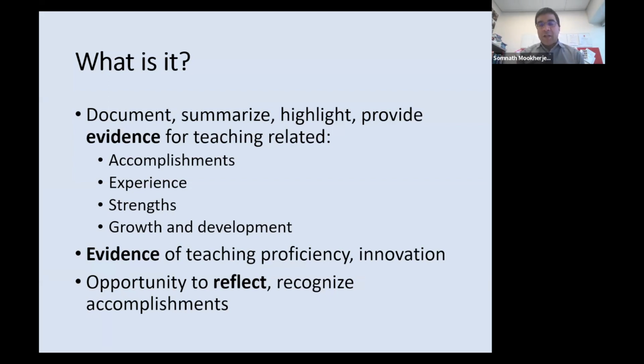So teaching writ large, as you might think of it in the setting of academic medicine. So it's that evidence for teaching, and then it's not just the quantity of teaching that you do, but also evidence of proficiency. If you've done anything innovative in teaching, it's evidence of innovation. It's also evidence of scholarship, and we'll talk about that in a couple minutes as well.